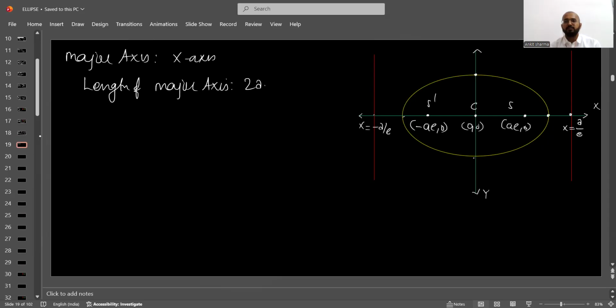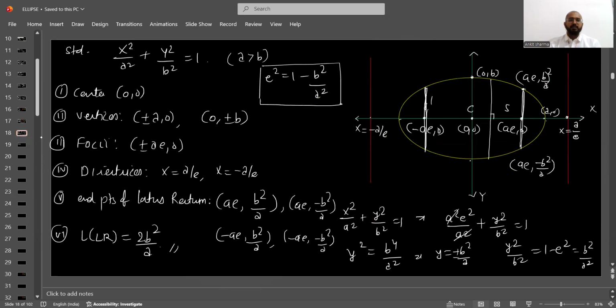That means from this vertex to this vertex. That means the major portion of the ellipse is lying on which axis? That is called the major axis. And the length of the minor axis is 2b. So the lengths of the major axis and minor axis are 2a and 2b respectively.